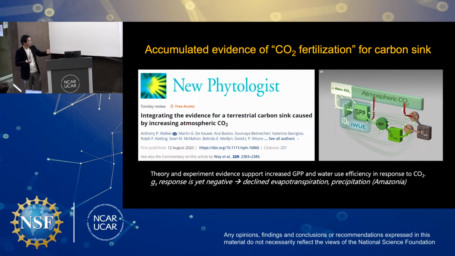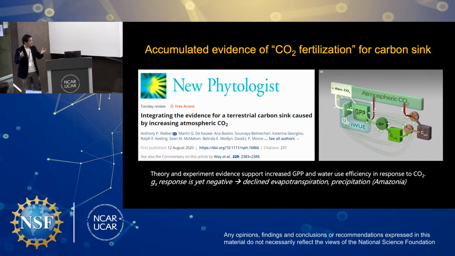But they also mentioned the stomatal conductance response to the CO2 increase. The general idea is that stomatal conductance will decline without acclimation, which means if you continue increasing CO2, stomatal conductance will decline.